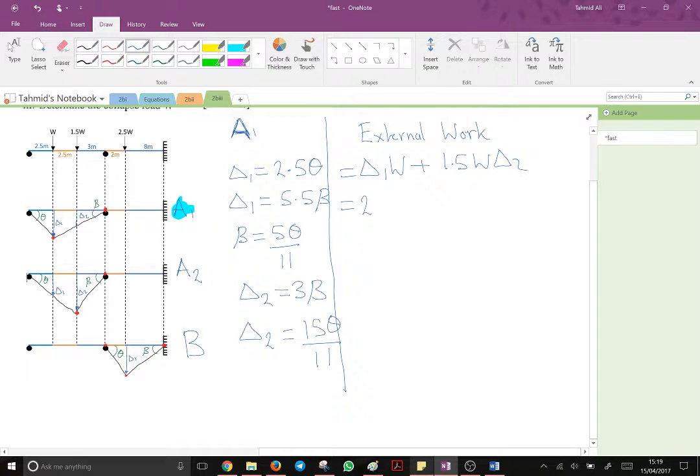So we have 2.5 theta times W, and we know what delta 2 is, which is 15 theta over 11, times W, and when you collect like terms, you get 50 over 11 W theta.